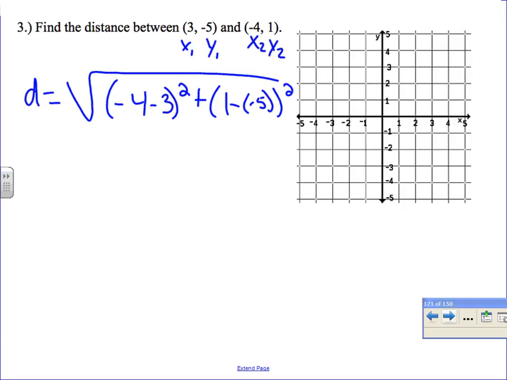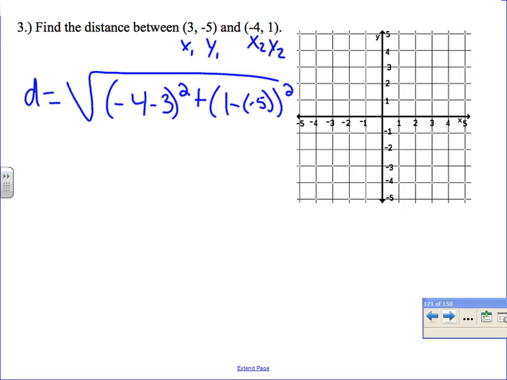Good job. Is that a 65? This should be 1 minus negative 5. You forgot about this negative. That's why.